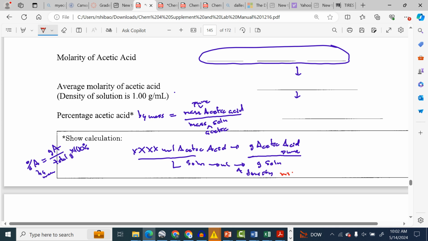So we have 2 choices. Choice 1 is stop here. Say that we're missing information, therefore we can't calculate the answer. Or choice 2 would be to estimate the density, just come up with some kind of guesstimated value for the density and come up with some kind of approximate answer for this.